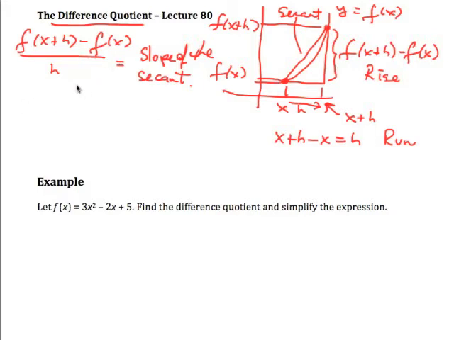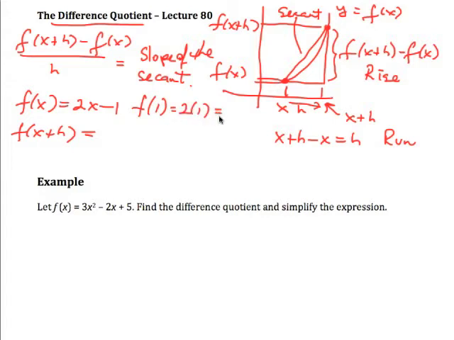Now, for example, let's suppose I have f of x equals 2x, take 1. Now, it's important to understand what we mean by f of x plus h. Now remember, this is functional notation, it's not f of x plus f of h. Be very clear on that. You remember that when I had f of 1, this would in fact be 2 by 1 subtract 1, which of course would be 1.